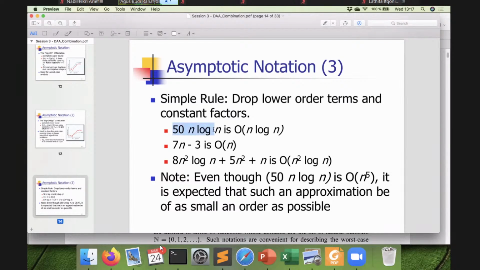For example, over here, we have to drop this one. But sir, 50 is very big. Yes, even though this one is like 100, 1,000, 1 million, we don't consider the constant. Why? Because the constant is determined, or it's easy to compute.